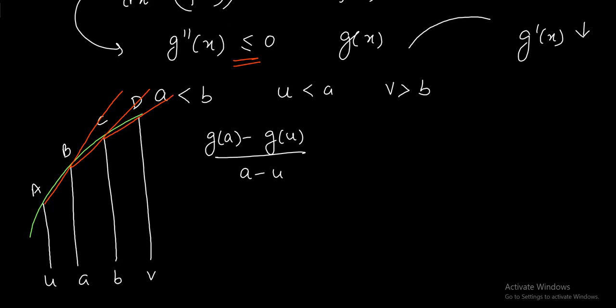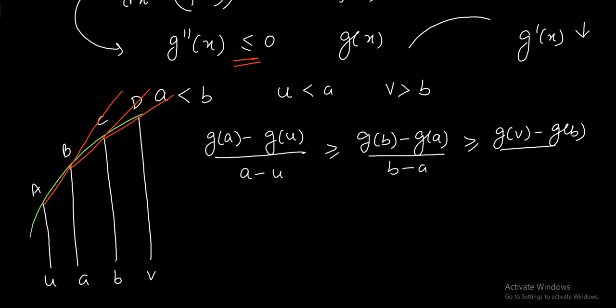It is going to be greater than or equal to g of b minus g of a upon b minus a, which is going to be greater than or equal to g of v minus g of b whole divided by v minus b.